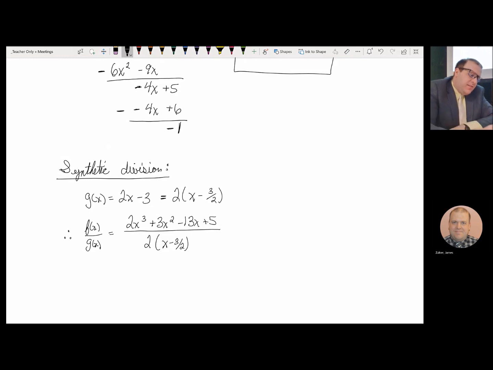But can't we rewrite this like that? So treat x minus 3/2 as your divisor. You'll then have to multiply everything by 1/2 when you're done. That's how you can use synthetic division for this form.